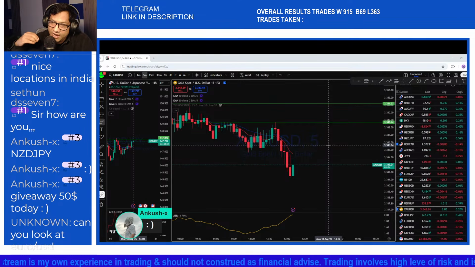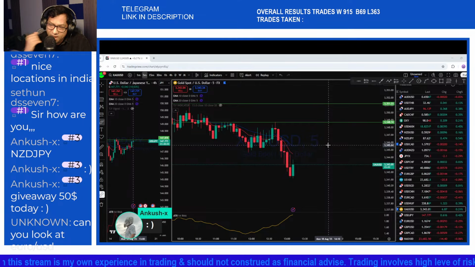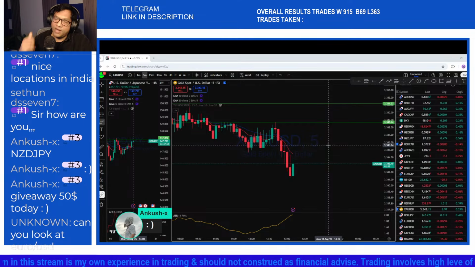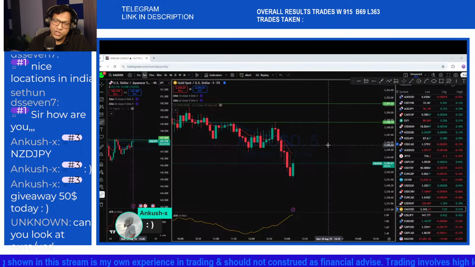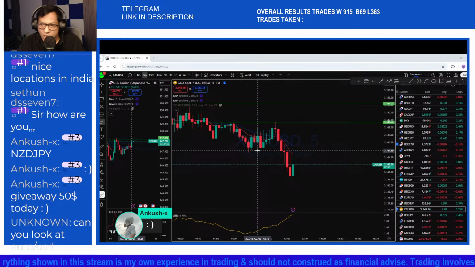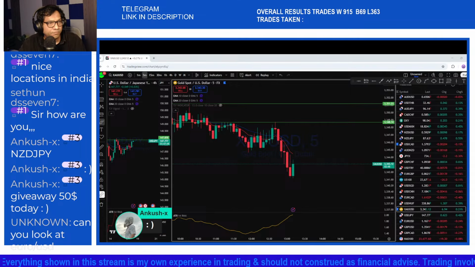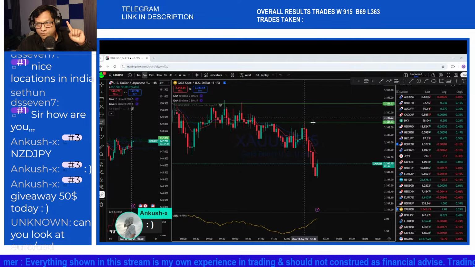You can find entries from the lower low or on a pullback, but I don't enter a trade on a pullback. It's a losing strategy. I don't enter a trade from the lower low or from the higher high either. Also a losing strategy. It doesn't work. You see that.